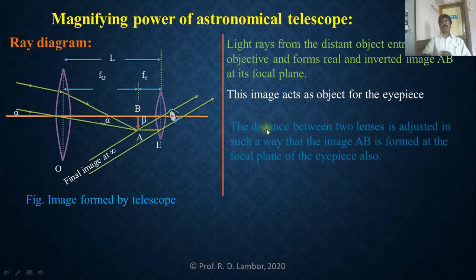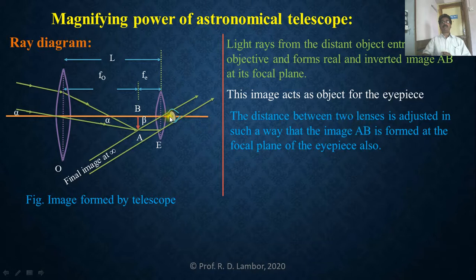Now, the distance between the two lenses, eyepiece and objective, is adjusted in such a way that image AB is formed at the focal plane of the eyepiece also. म्हणजे ही जी इमेज आहे ऑब्जेक्टिव्हने फॉर्म केलेली आहे at its focal plane.